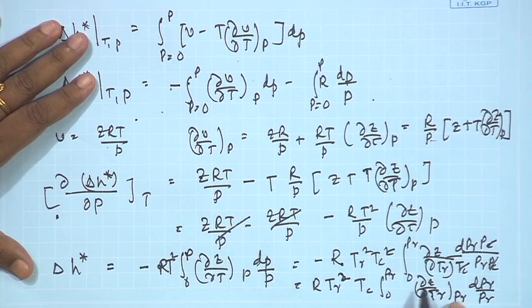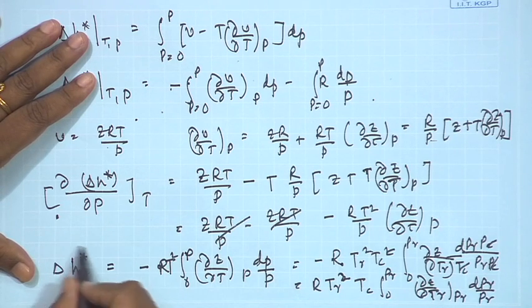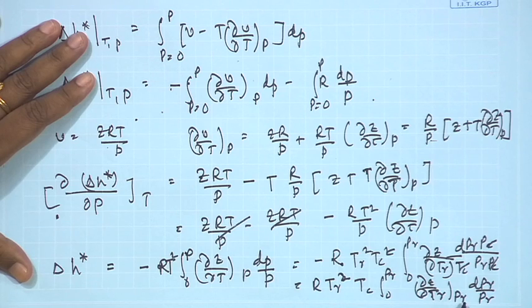Agreed? So we have expressed delta H star in terms of TR and PR.